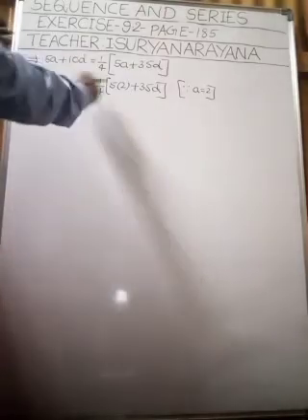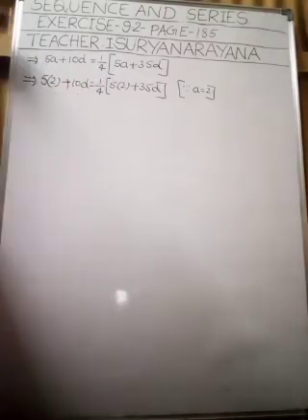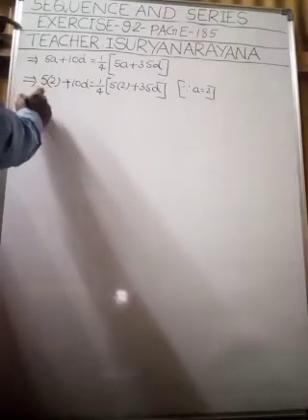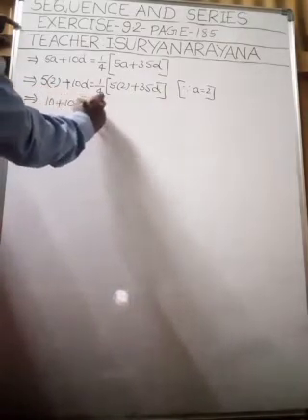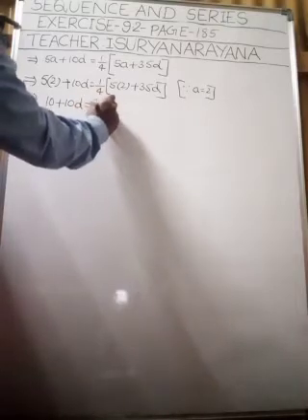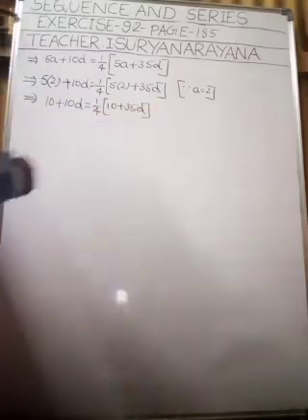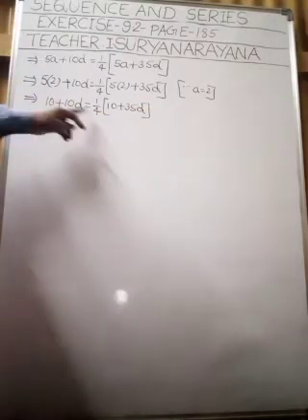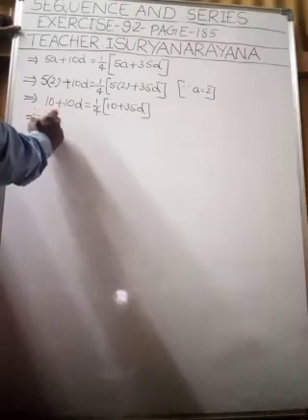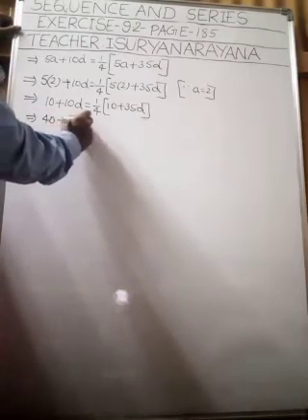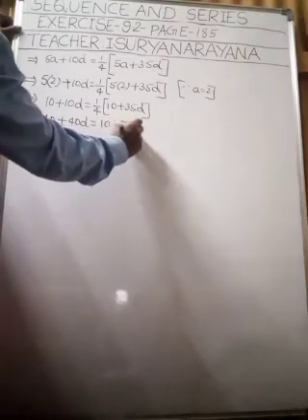Right. By simplifying this, by solving this equation, we get the value of D. Okay, my children? Right. So 10 plus 10D is equal to 1 by 4 into 10 plus 35D. Right. Now cross multiplication. Let us cross multiply. 40 plus 40D is equal to 10 plus 35D.